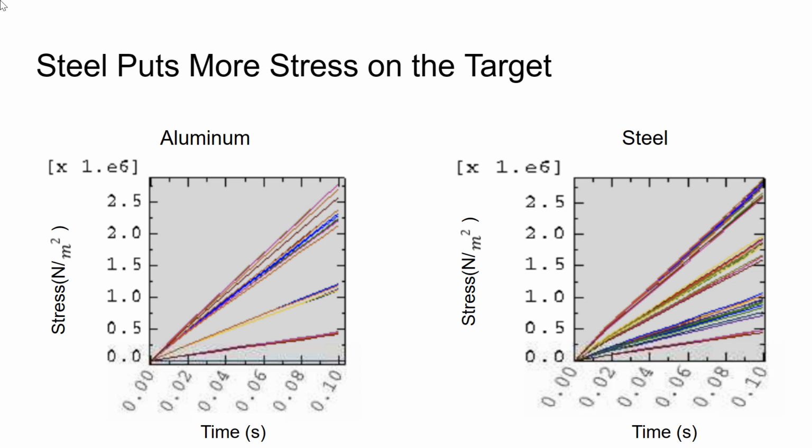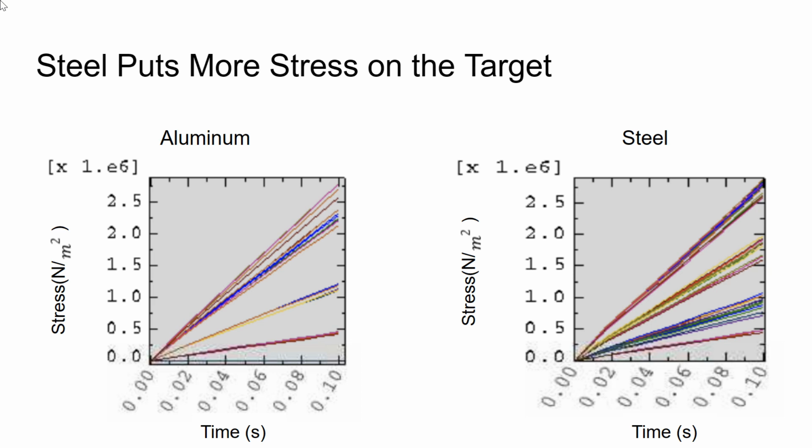So steel overall puts more stress on the target. The highest stress for both aluminum and steel is on the sides. Steel is showing to have the most stress on the sides, showing that this is thicker than aluminum.